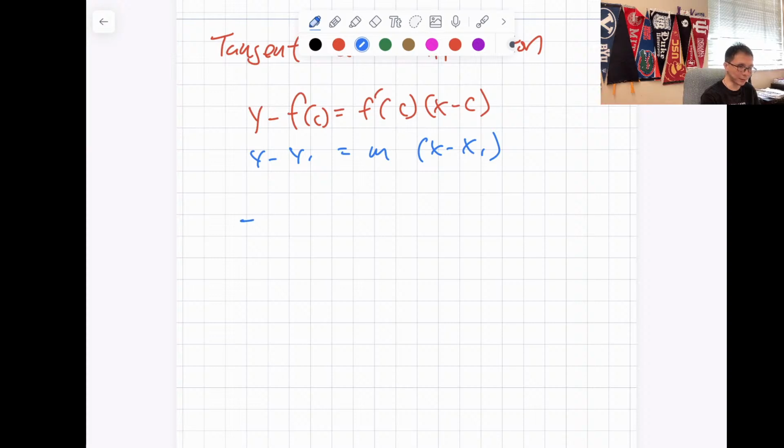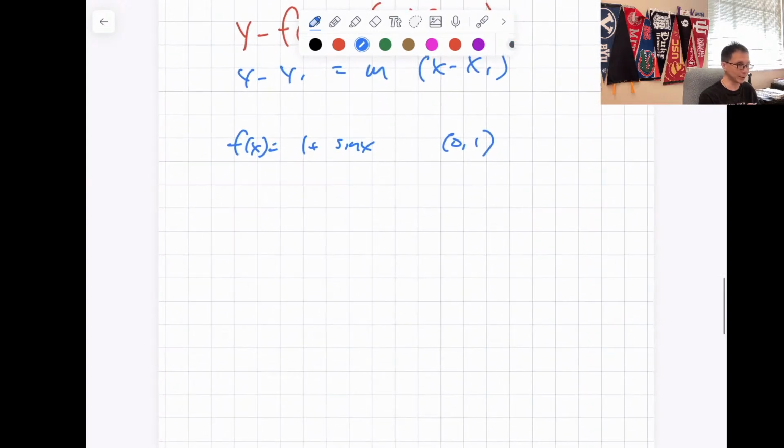Let's say f of x equals 1 plus sine of x, at the point (0, 1). I'm going to show you the comparison between the two. We already did this idea in Calc 1, but the same idea goes into BC calculus, where it's called Taylor series and Euler's method.